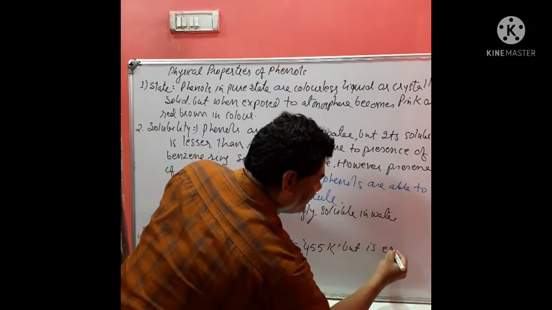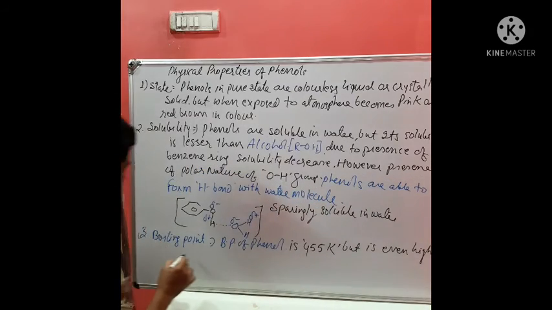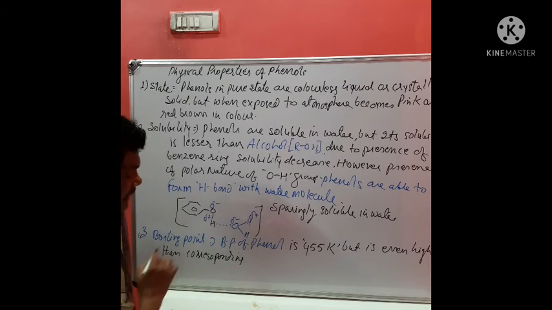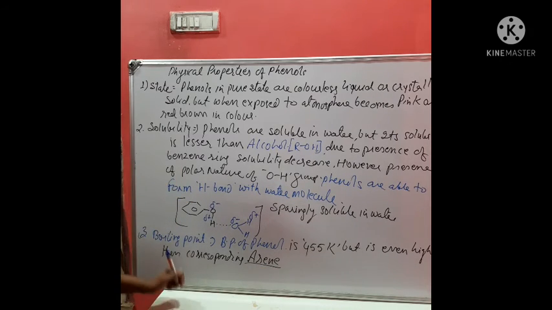The boiling point of phenol is even higher than corresponding arenes. Now, what is the corresponding arene from which it is derived? This is benzene. So, its boiling point is higher as compared to benzene. Now, why? It is because in benzene, there is only dispersion force.